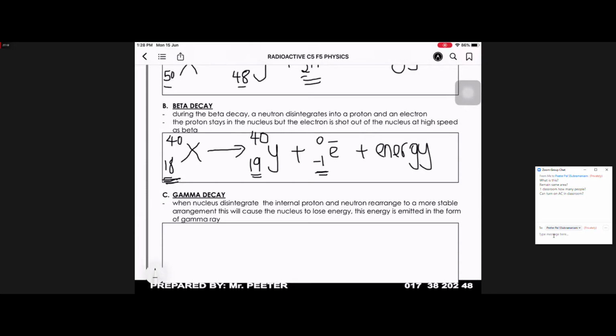The high-speed electron called beta will come out from the nucleus and move to the outside of the atom. But the newborn proton from the neutron will remain in the nucleus. That's why initially there were 18 protons, one of the neutrons split, so you get one additional proton, and this is how your equation looks like.